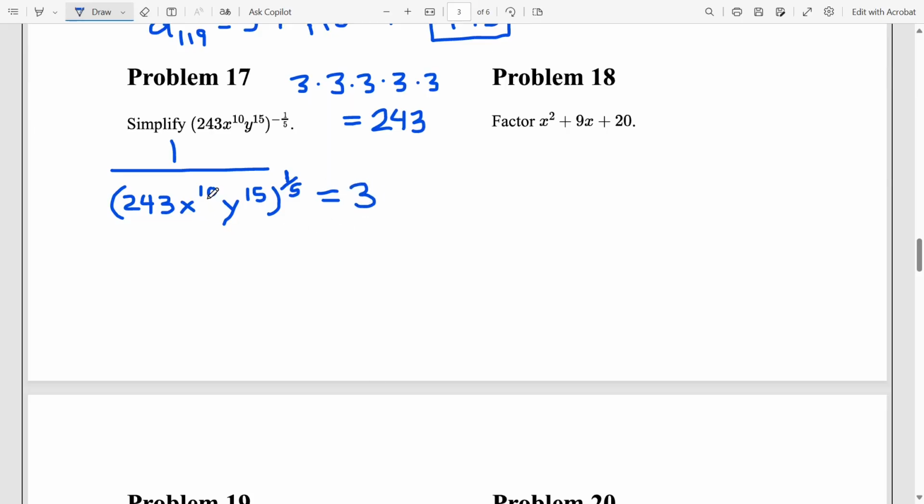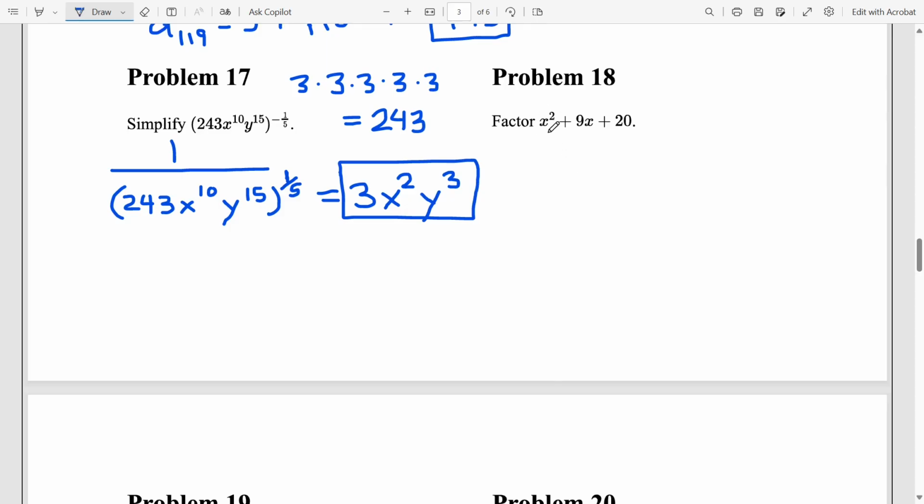Fifth root of x to the 10th is x squared. We do 10 times 1/5, x squared. And the fifth root of y to the 15th is y cubed, because 15 times 1/5. All right, so our solution here is 3x squared y cubed.